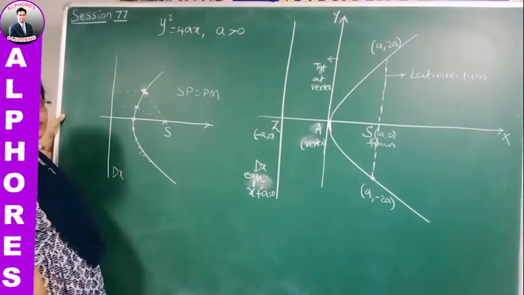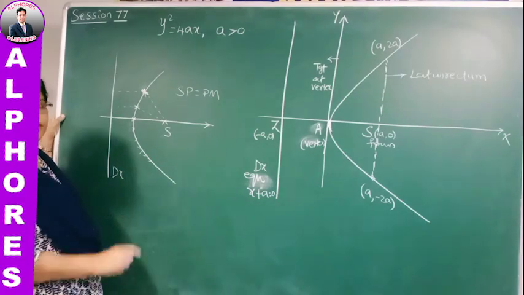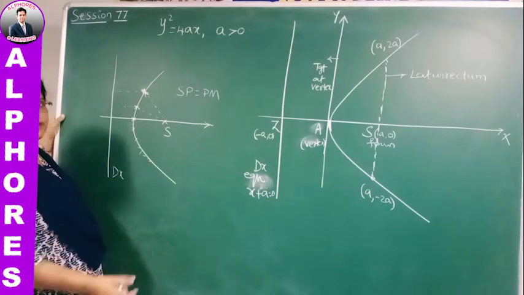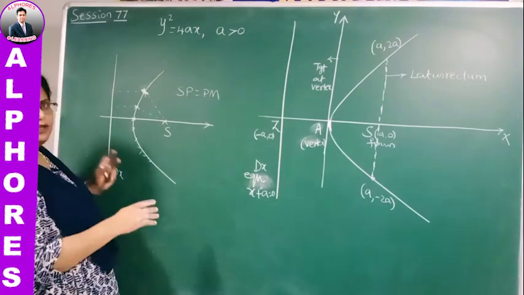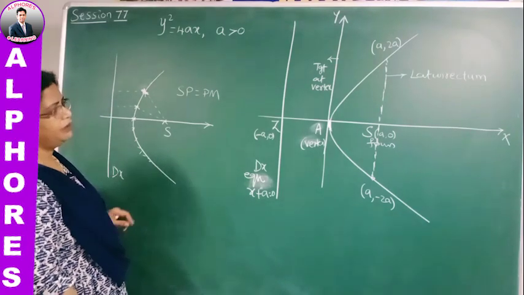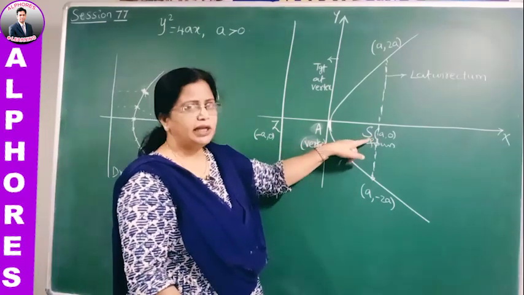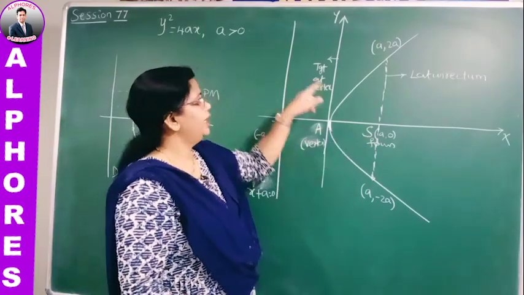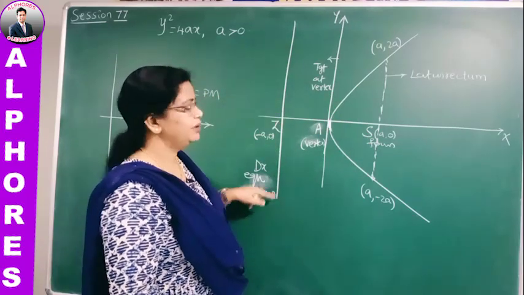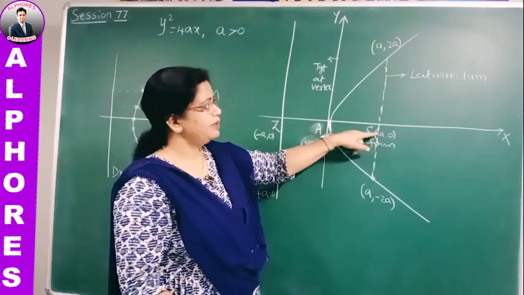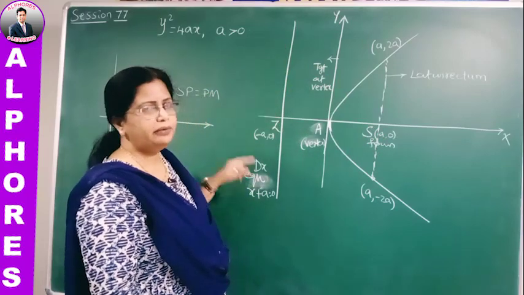Then let us observe the new terms we already introduced in the previous session. First of all, what is axis? Axis means a line passing through the focus and perpendicular to the directrix.